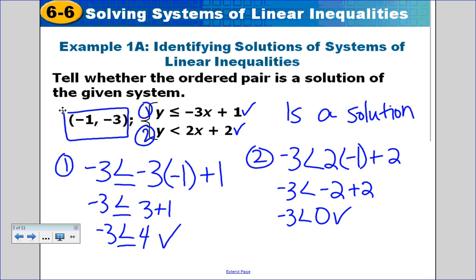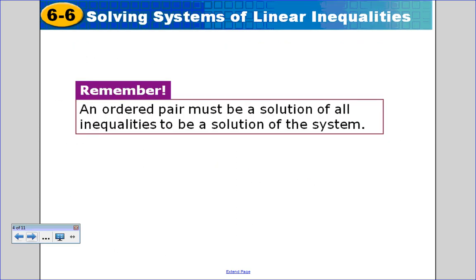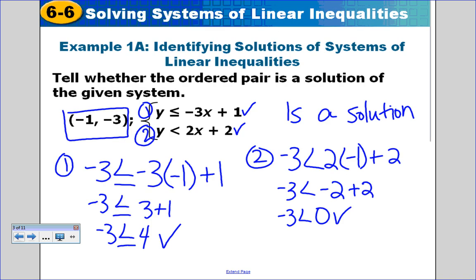That's easy enough. We did that the very first day that we talked about systems of equations. So what does that mean for where we're going? Well, remember, an ordered pair must be a solution of all inequalities to be a solution of the system. So just like we just went over, since (-1, -3) fit both equations, it is a solution.